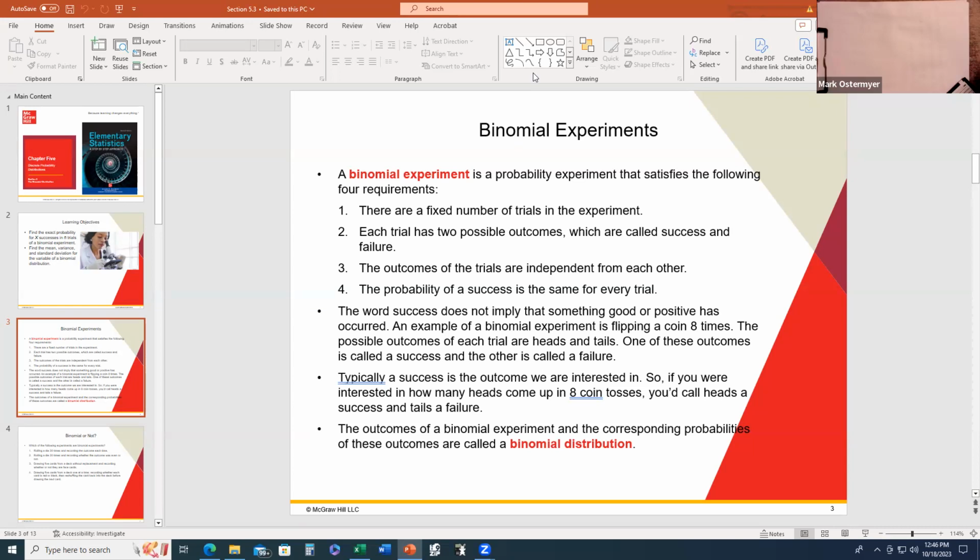And so what would be defined to be a failure for this experiment? If I'm calling tossing a head a success, then a failure would be that I toss a tail. But I could just as well turn it around. Suppose I define a success to be that I toss a tail on a coin. Then a failure would be that I toss a head. Again, it depends on how we define what a success and failure is for a binomial experiment in any trial.